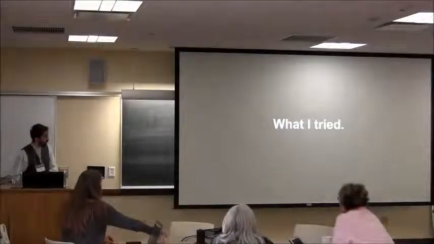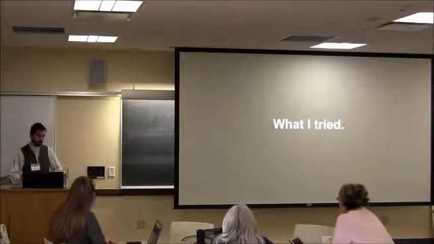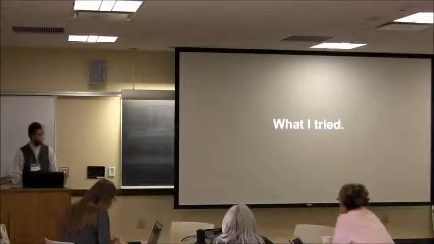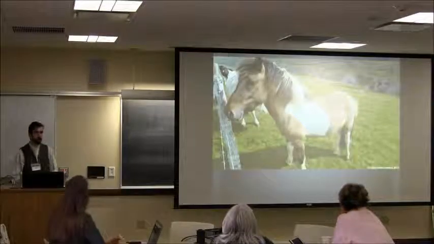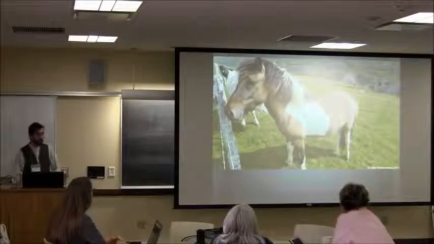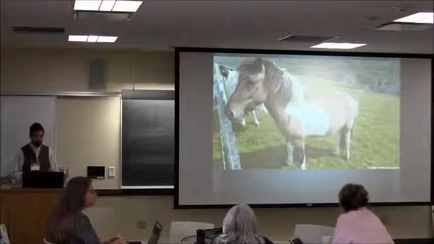First, in order to start this project, I had to translate the saga myself so that I'd have material to work with. Then I went to Iceland and took pictures of all of the things that seemed relevant to the story. A horse is principal to the central conflict of the story.